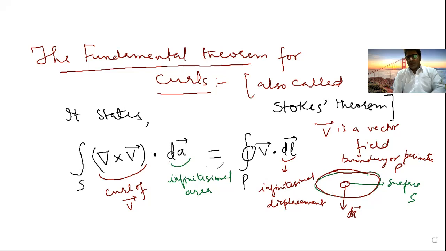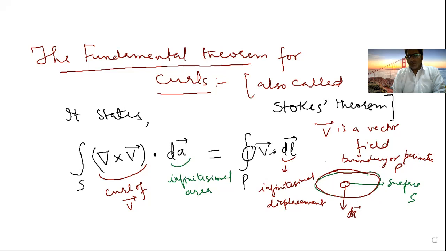Then this theorem says that will be equal to the line integral. You go along the boundary of the surface, that means this perimeter P. Divide that boundary into infinitesimal displacement vectors dl, dot the vector field with the infinitesimal displacement at each piece, then add those dot products over the whole perimeter.